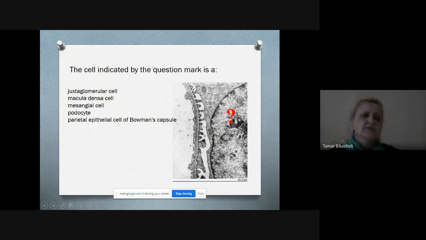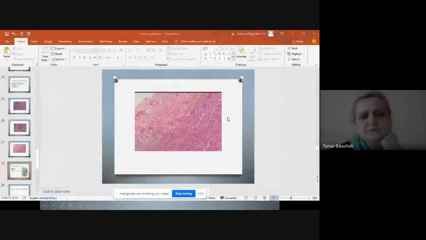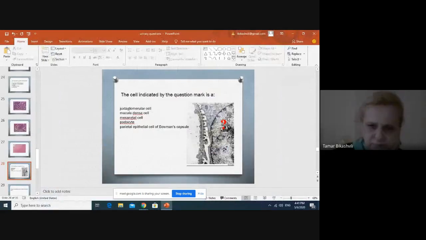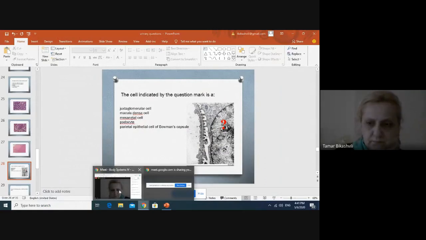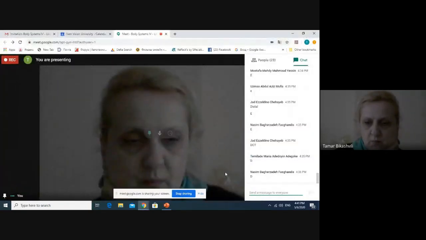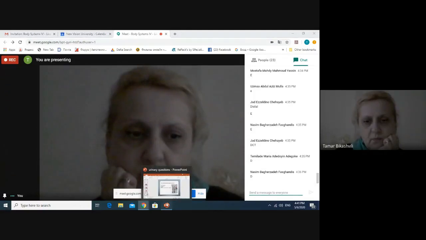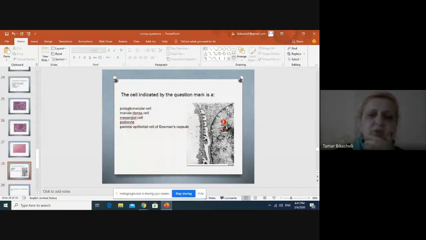Juxtaglomerular cell, macula densa cell, mesangial cell, podocyte, or parietal epithelial cell of Bowman's capsule. This cell, the nucleus of the cell.